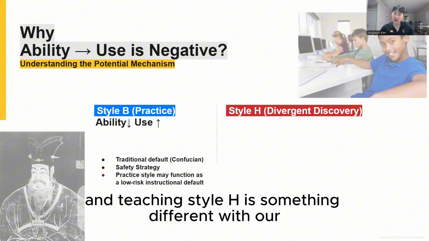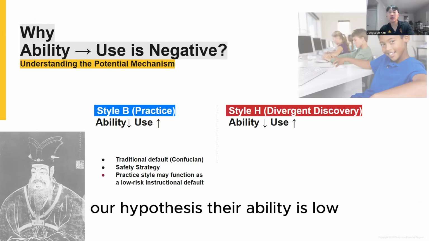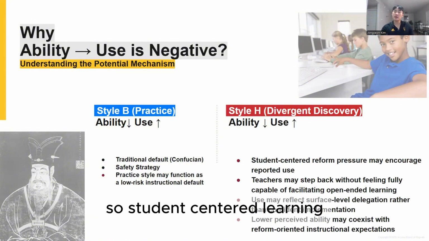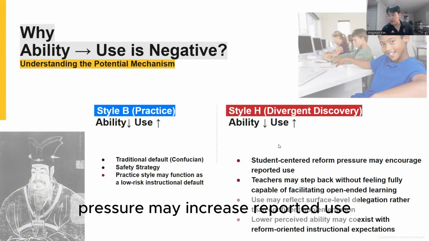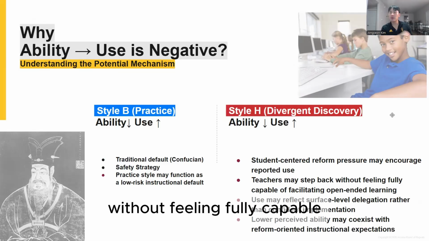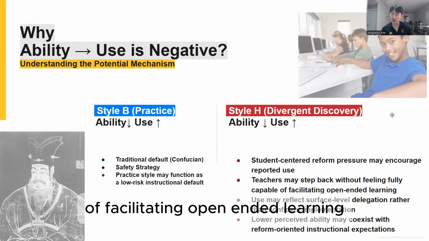And teaching style H is something different from our hypothesis. Their ability is low, yet they frequently use this teaching style. So student-centered reform pressure may increase reported use. So it can be a measurement bias. Also, teachers may step back without feeling fully capable of facilitating open-ended learning.